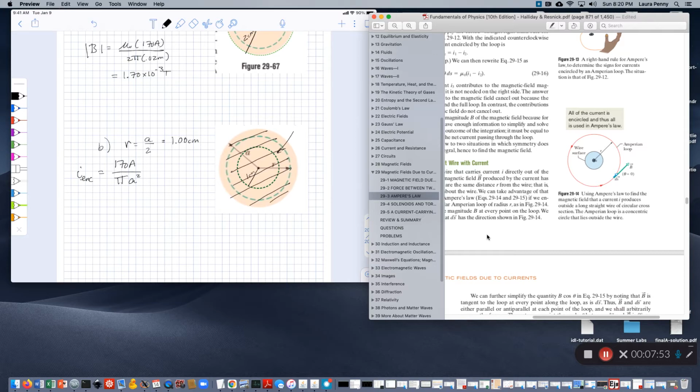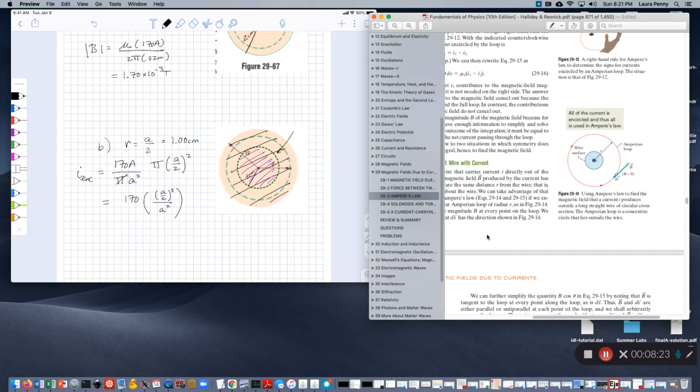But the area that I actually care about, the area that's enclosed, is just the part which is in here, which is pi times a over 2 squared. So the amount of current which is enclosed is actually, this is a little ugly, a over 2 squared over a squared.